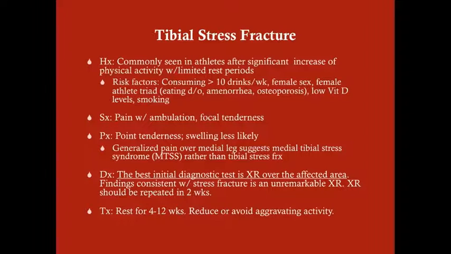The risk factors behind tibial stress fracture, apart from the history, which should be somewhat obvious, would be the female athlete triad, and that's simply because with the female athlete triad, you've got, in addition to being an athlete, female athletes are at higher risk for malnutrition, and it's both a cause and effect factor.